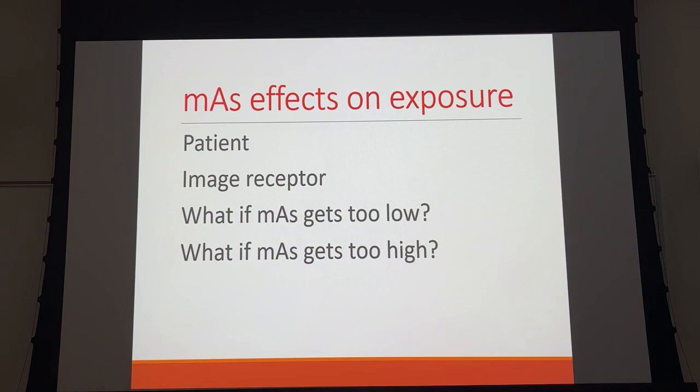So effects on different types of exposure. Again, we talked about that. That was patient exposure, direct relationship. Image receptor exposure, there's a direct relationship. If mass value gets too low, then we could introduce quantum mottle, right? And also if it gets too high, we overexpose a patient, and you can get high enough in your exposure, specifically with mass, that you flood your image receptor.